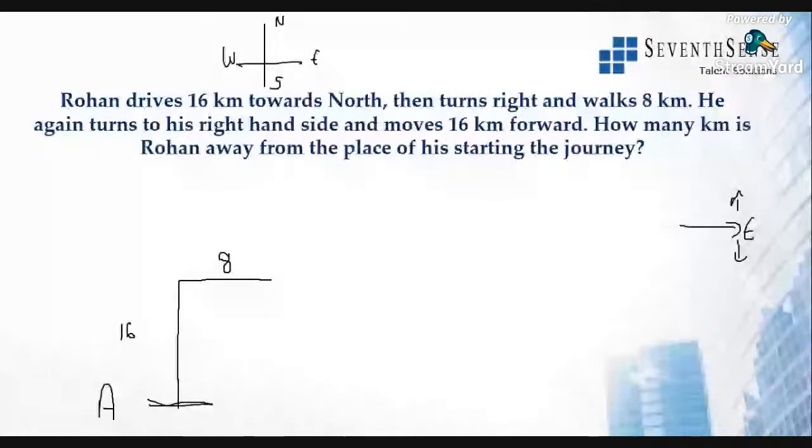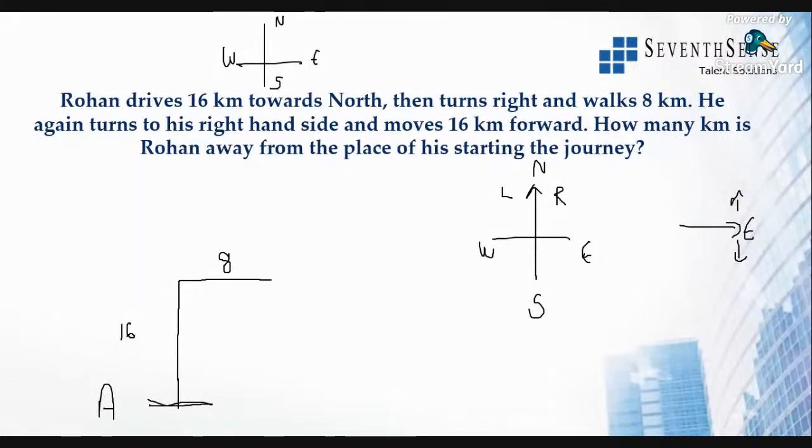If you want to understand that, draw the diagram again: north, south, east, west. If you're looking at north, this becomes the right-hand side and this the left-hand side. Now if you turn clockwise, you will face east. Your right-hand side will come here and your left-hand side here.